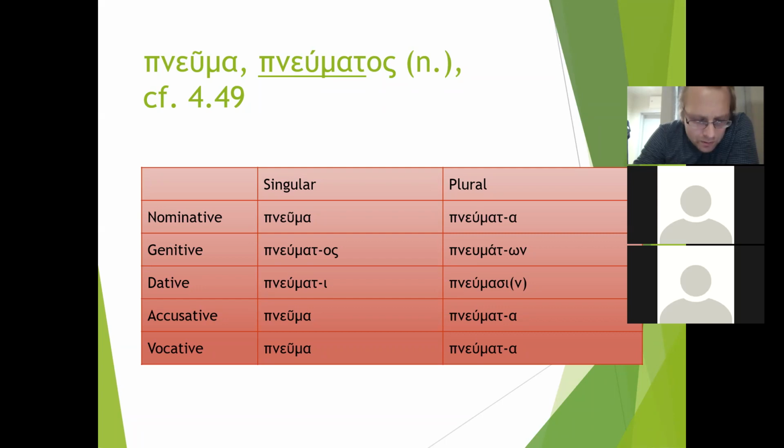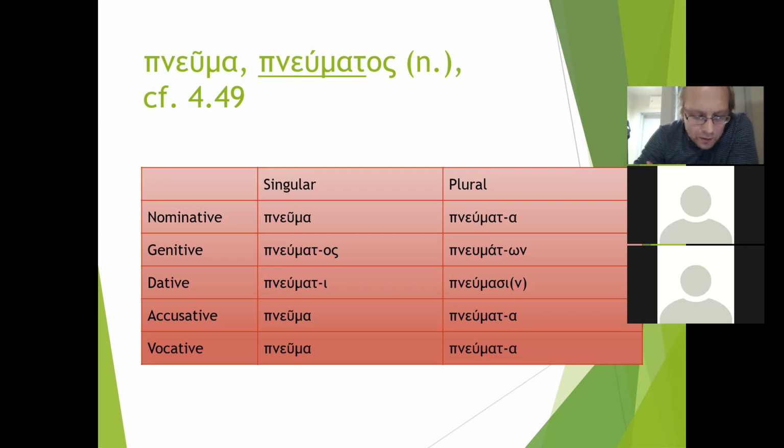So here we have in the singular pneuma, the nominative, pneumatos in the genitive, pneumati in the dative, pneuma in the accusative, and pneuma in the vocative. And in the plural, we have pneumata in the nominative, pneumaton in the genitive, pneumasin in the dative, pneumata in the accusative, and pneumata in the vocative.